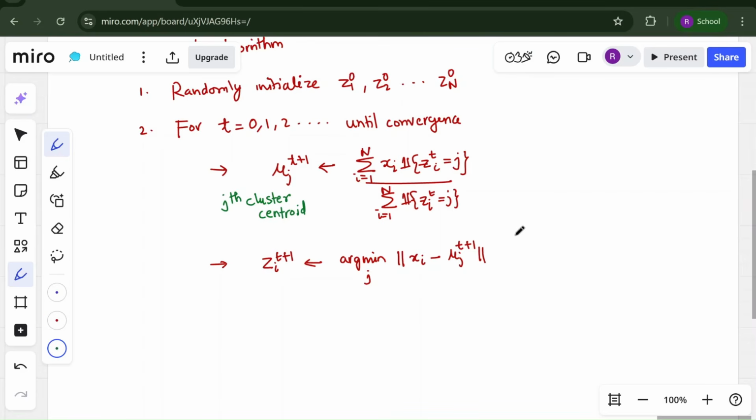So you can think about this as reassigning each data point to the nearest cluster centroid.